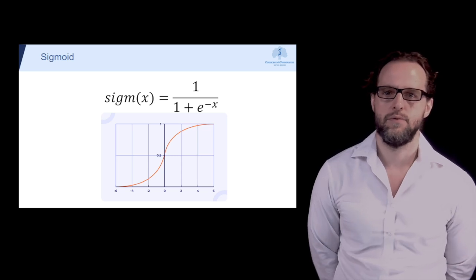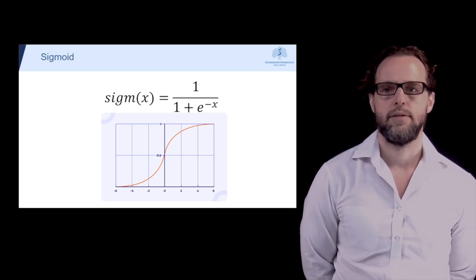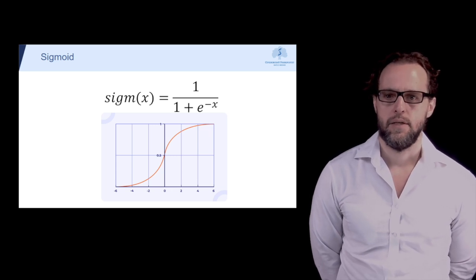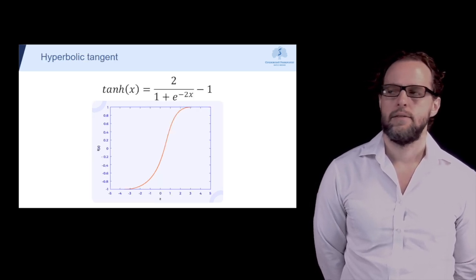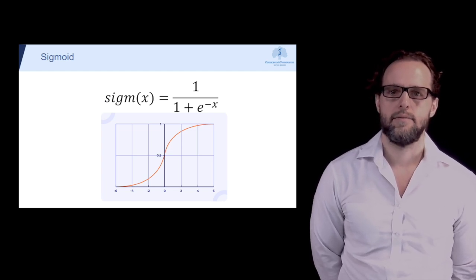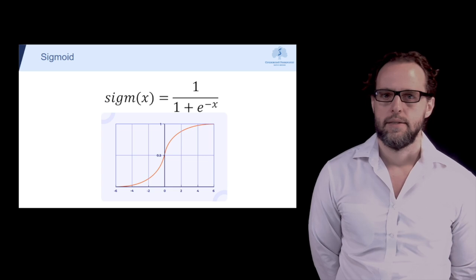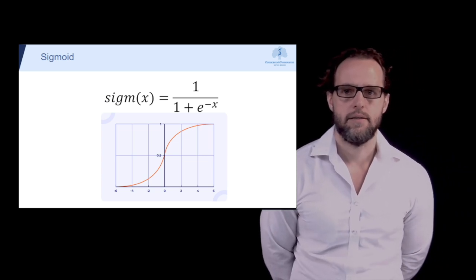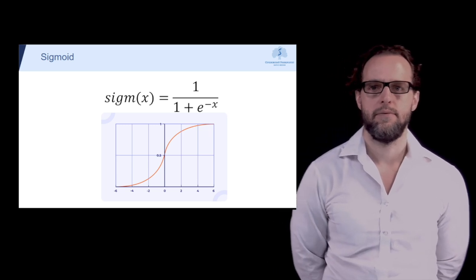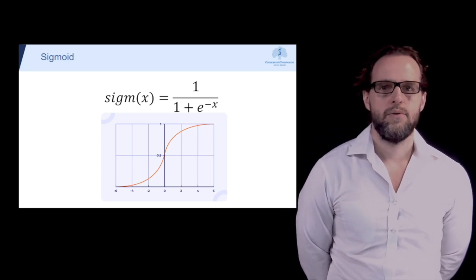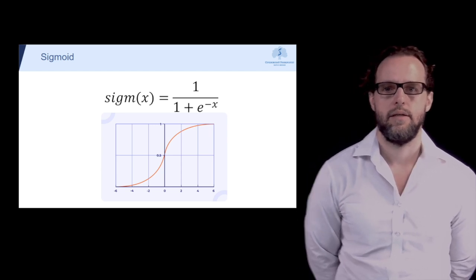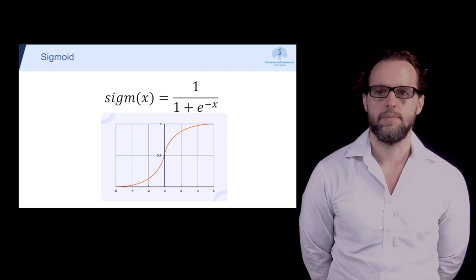Sigmoid looks smoother and similar to a step function. Let's consider its advantages. Firstly, sigmoid is not binary. That is, we get analog activation as opposed to the step function. For sigmoid, a smooth gradient is also a characteristic.